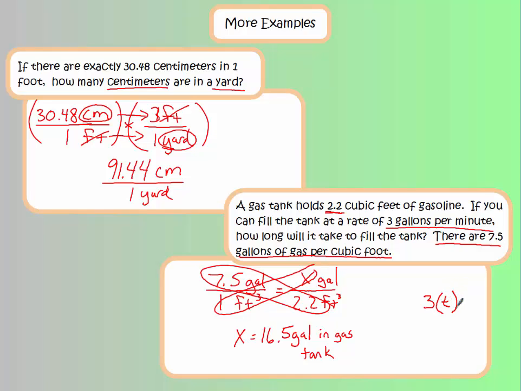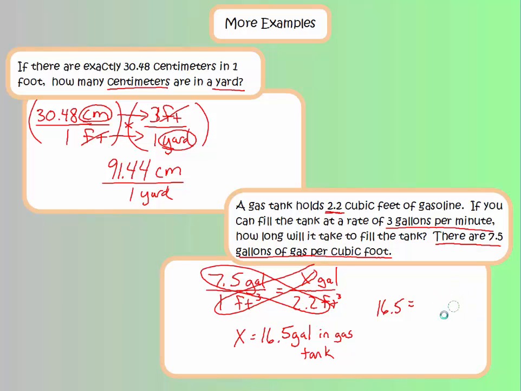So for every minute that goes by, t is going to be time in minutes. And the total that I want this to equal is 16.5 gallons.